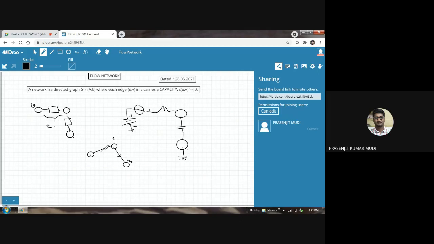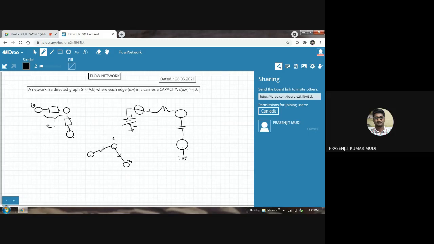And capacity is some sort of a restriction in a branch. That means capacity is actually equivalent to the impedance. For example, if I provide an impedance, then as per the impedance, a current will flow along that branch.